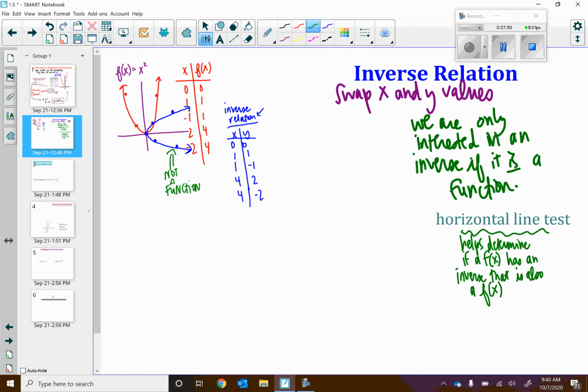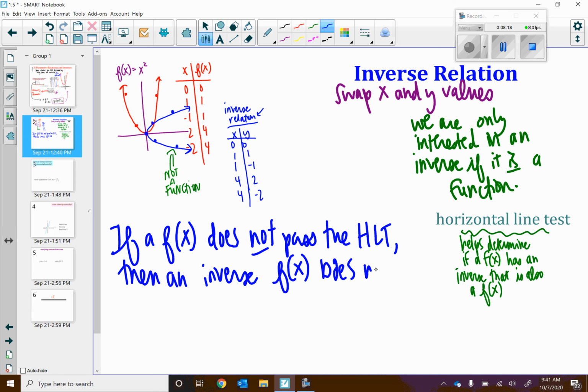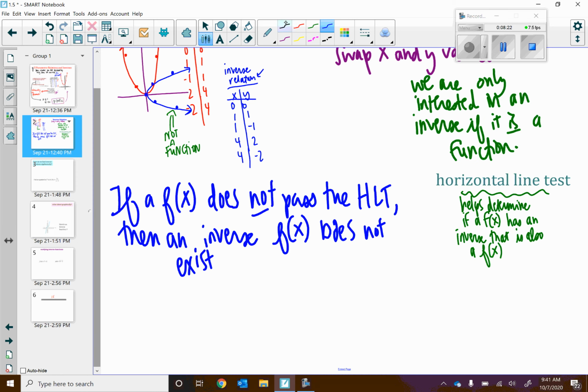All right, so I just said that a horizontal line test helps us determine if a function has an inverse that is also a function. So if a function does not pass the horizontal line test, then an inverse function does not exist. And we can see this pretty clearly with the last example we just did, right?